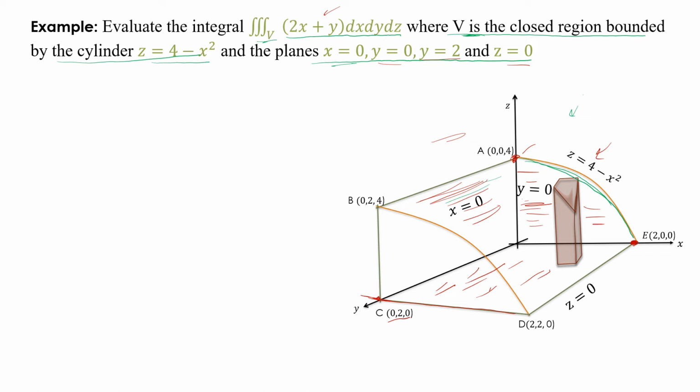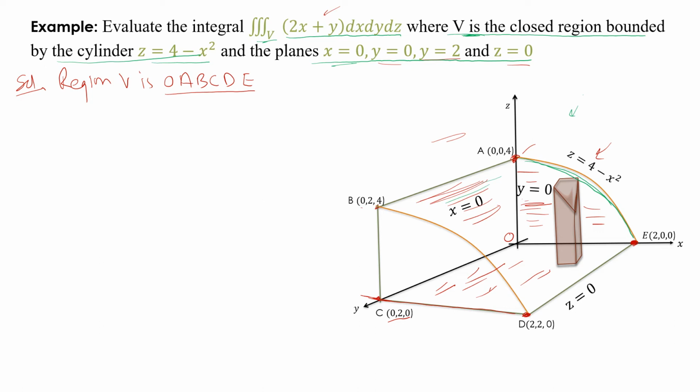Similarly, you can easily write the coordinates of D as (2, 2, 0), and the coordinates of P as (0, 2, 4). Now the region V is O A B C D E, and in that region you have to evaluate that integral.